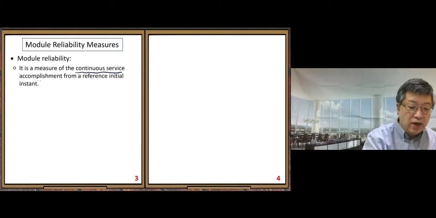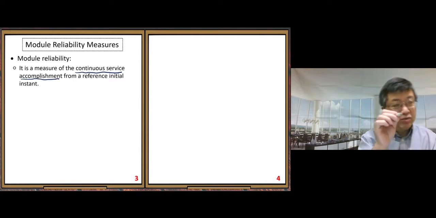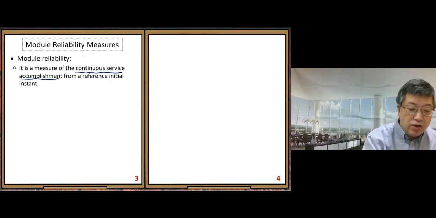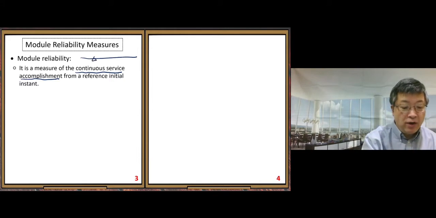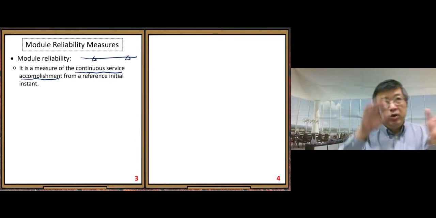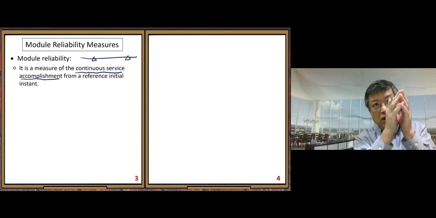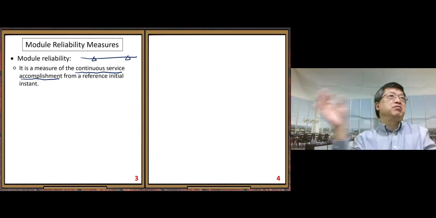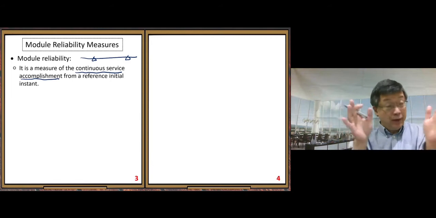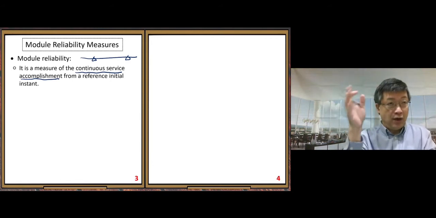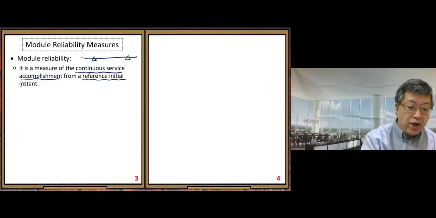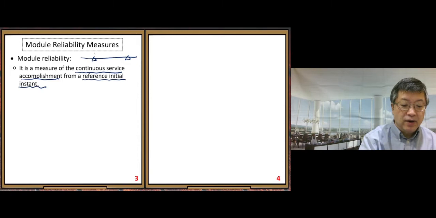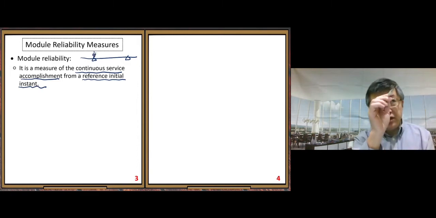Continuous service accomplishment. So when you talk about continuous service accomplished, you should have some starting point and end point, right? Between 2 points, in between, continuous. Continuous period of time. No interruption. Okay. All right. And the starting point, some reference initial instance. Initial instance, the reference.